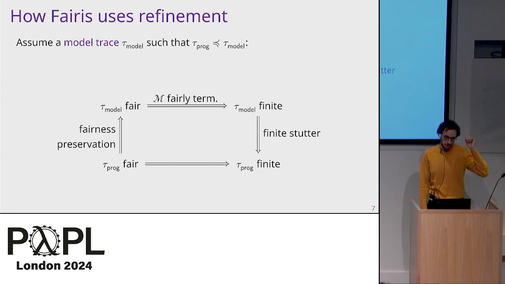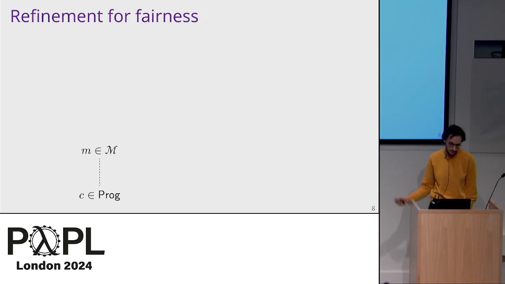Now before I conclude, I will give you a taste of how this refinement relation is defined under the hood. So let's suppose we have a configuration C. A configuration is all the threads as well as the global heap of the program. And we have some model state M, and we assume that they're related by this refinement.